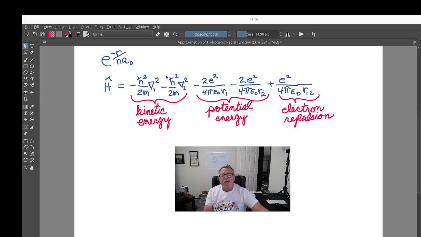Here's the devil in the details. As soon as we add one other electron, then we get into this situation with the Hamiltonian, which describes the energy. Here's the kinetic energy for electron 1, electron 2, the potential energy for electron 1, electron 2. Notice that's dependent upon the distance from the nucleus.